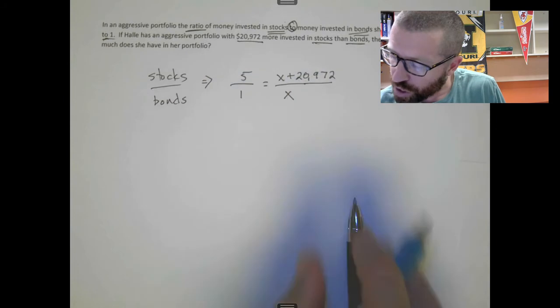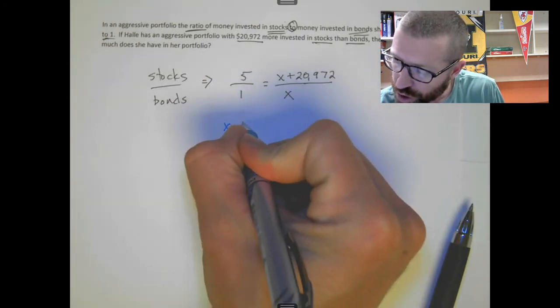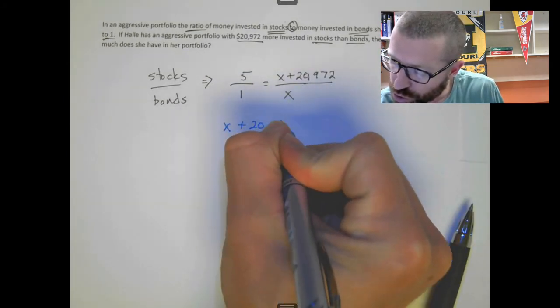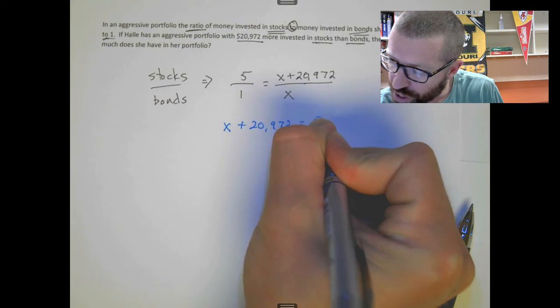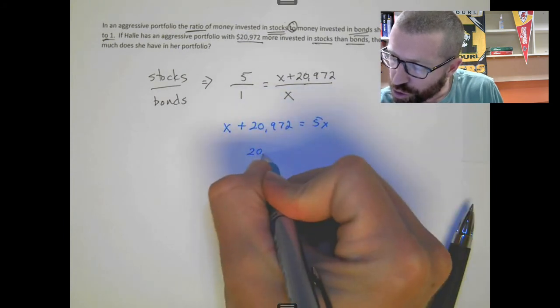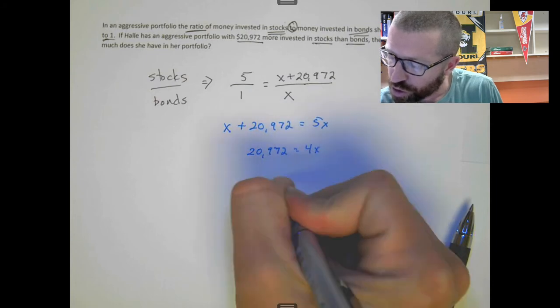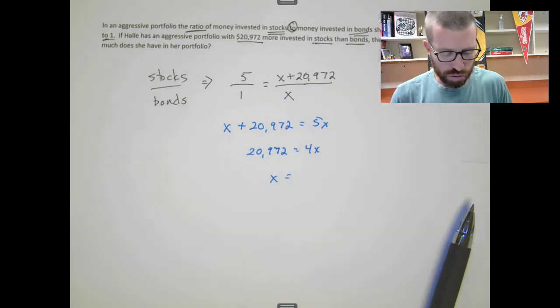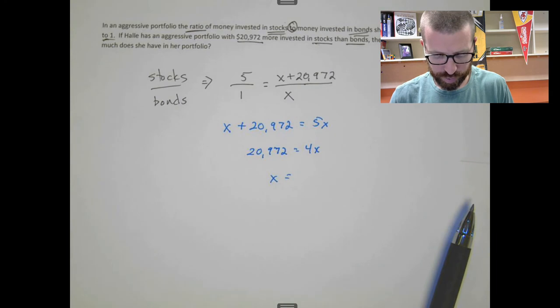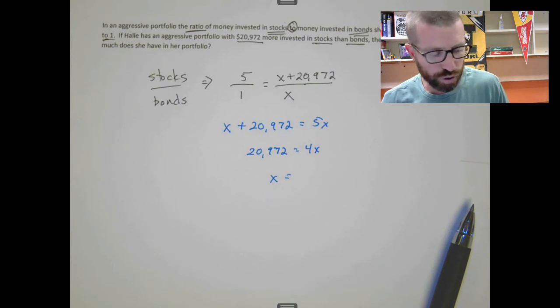And then cross multiply. So you get X plus 2,972 is equal to 5X. Or when you subtract X from both sides, it's equal to 4X. And so X is equal to $5,243.